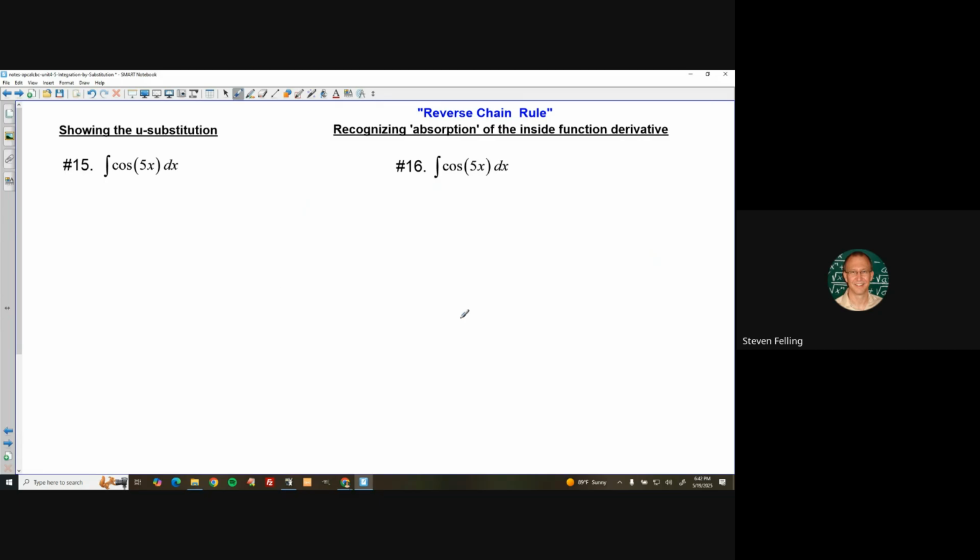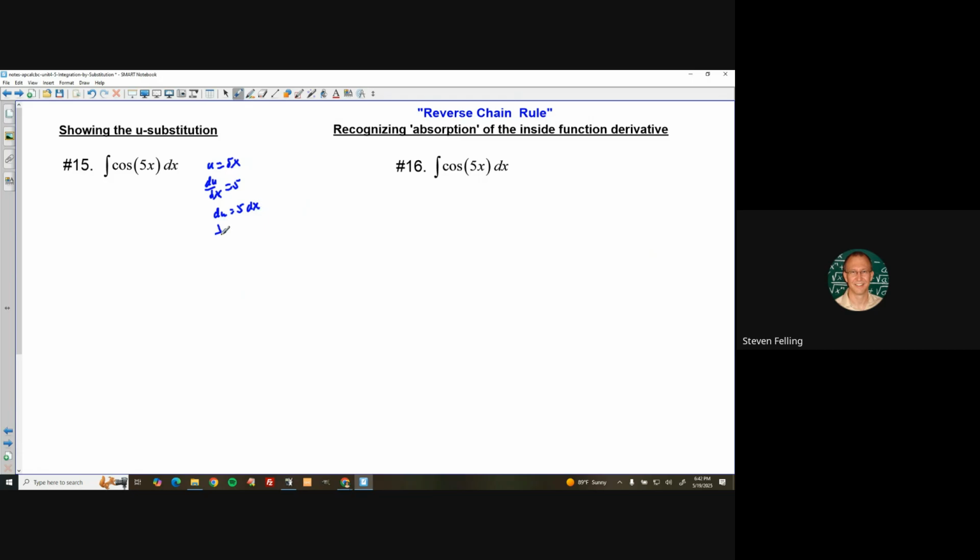Okay, one last one. Again, try this on your own with the u and without the u. This is the one case where I usually would use this method over here on this right side. So if you do this the traditional way, you're going to identify u as 5x. The derivative is 5. Therefore, du is 5 dx.